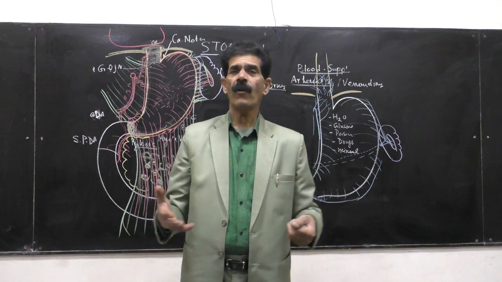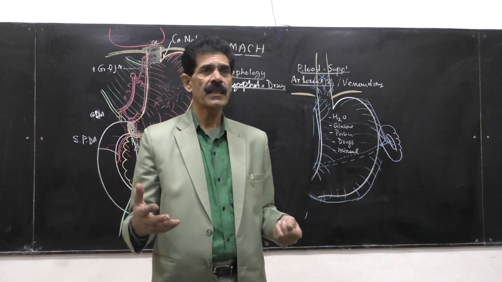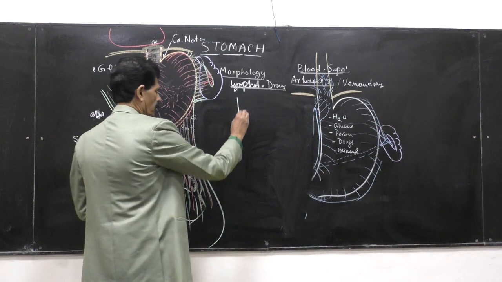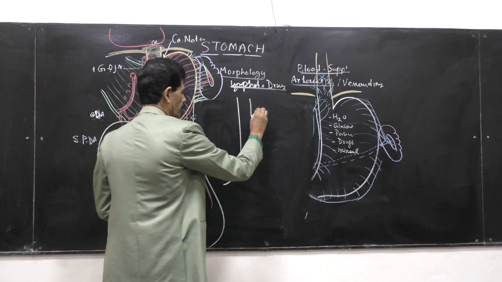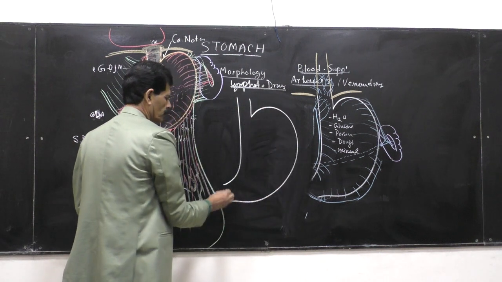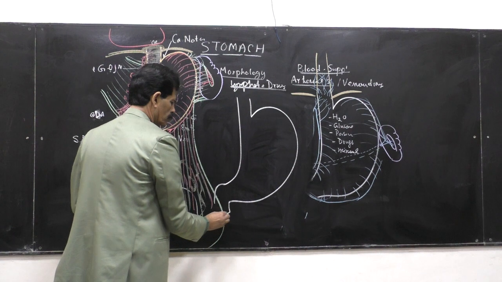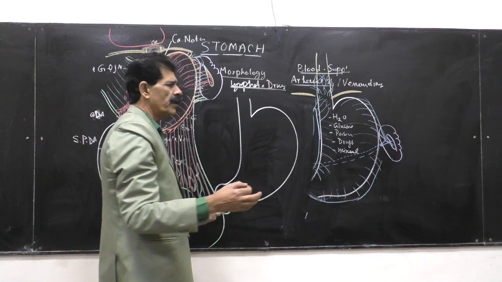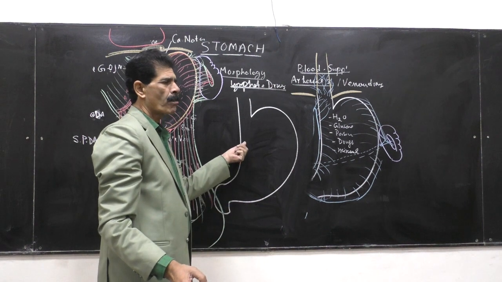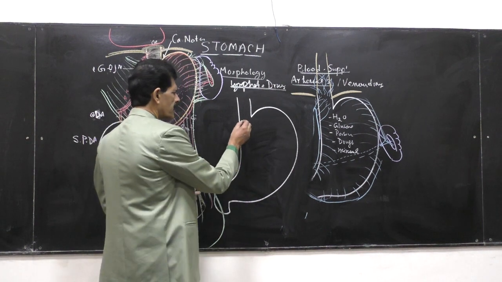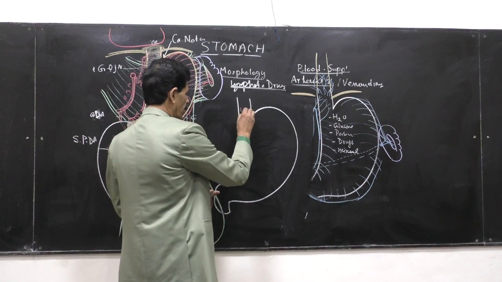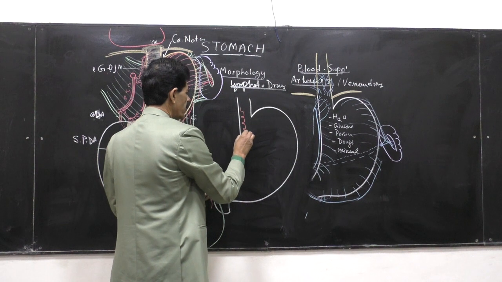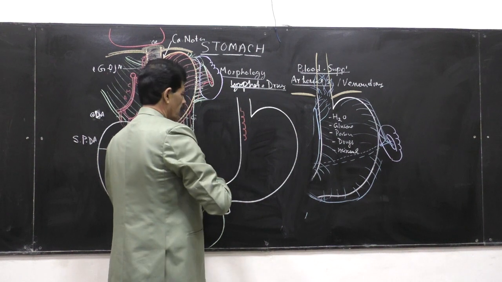Let us see what groups of lymphatics are surrounding the stomach. The first group of lymphatics lies in the submucosa of the stomach, and they start as lymphatics do anywhere in the human body, as blind tubes.